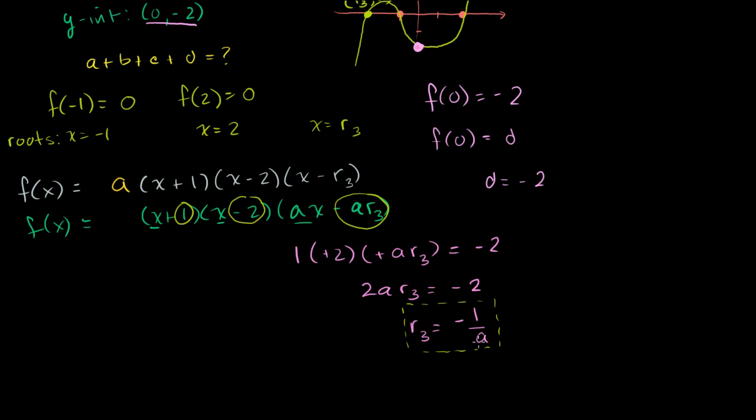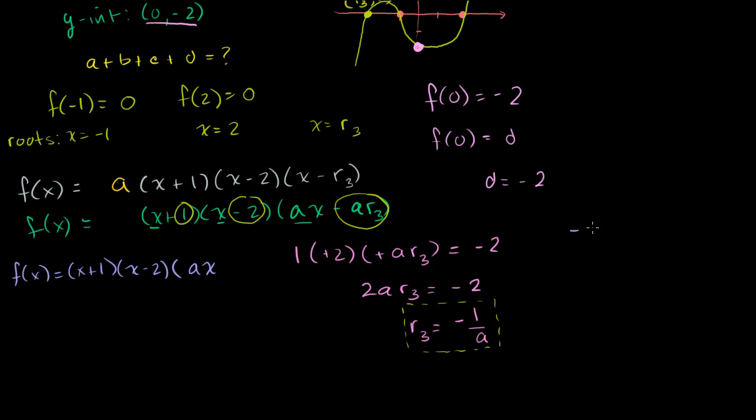So if r3 is minus 1 over a, this term right here becomes what? Let me rewrite it. f of x is going to be equal to x plus 1 times x minus 2 times ax, now minus a times r3.